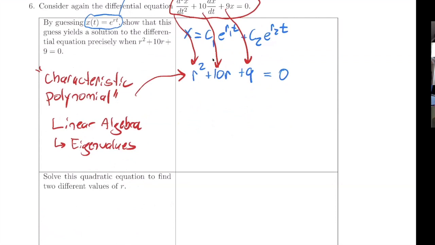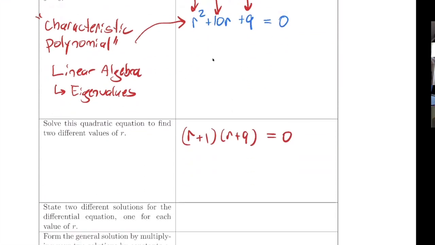Okay, we solve the quadratic equation either by factoring, completing the square, the quadratic formula, all of those methods. On this one, we could factor into (r plus 1)(r plus 9) equals 0. So here we have two roots, -1 and -9.